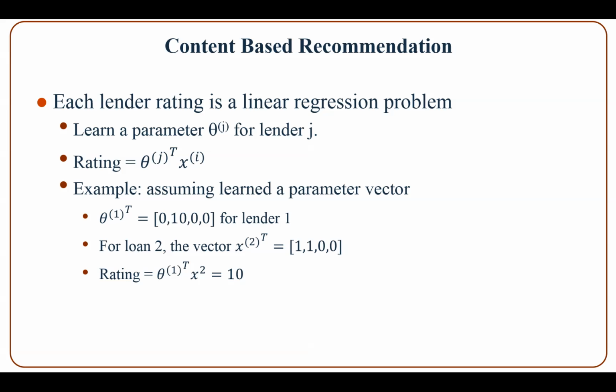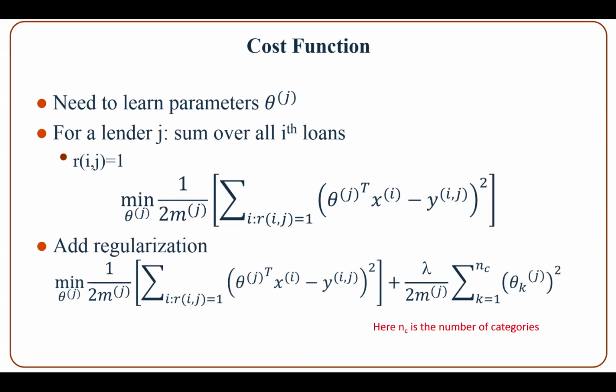And for loan 2, the vector x2 transpose is 1, 1, 0, 0. Then the rating is theta 1 transpose times x2, which is equal to 10. Now we need to learn the parameter theta j for the lender j.